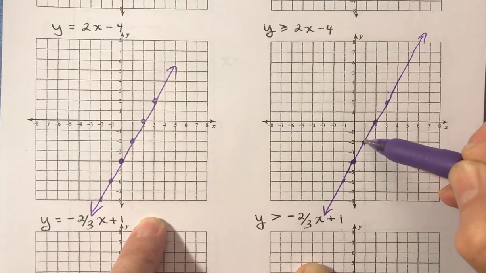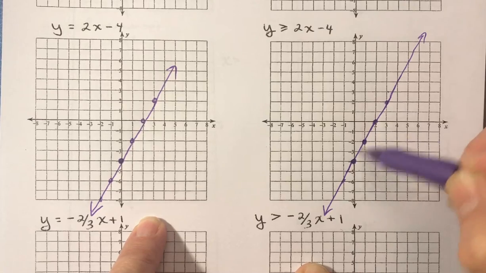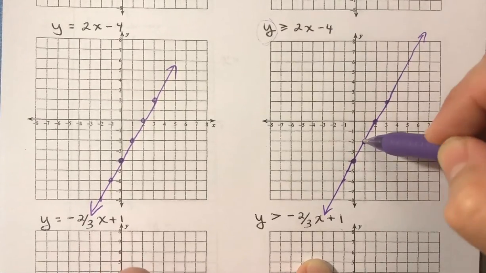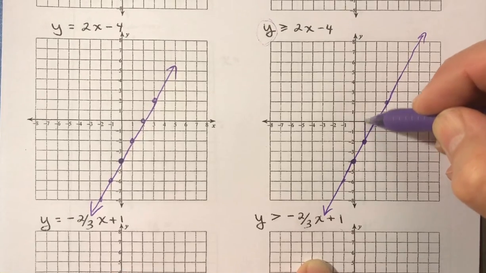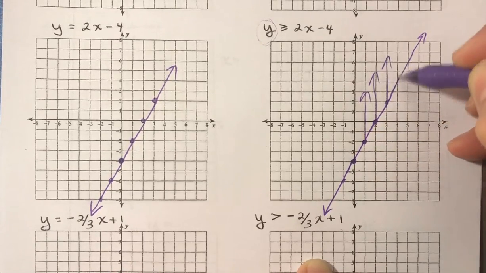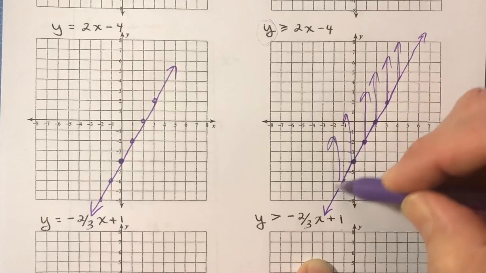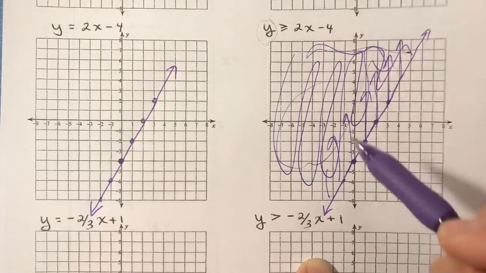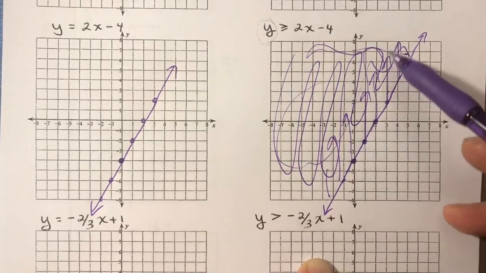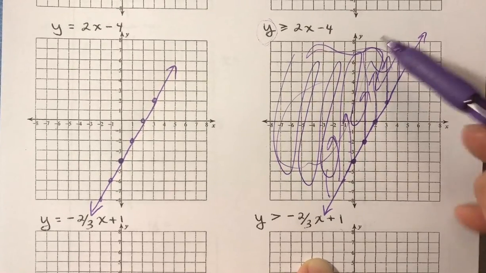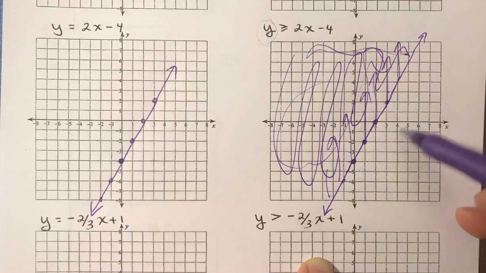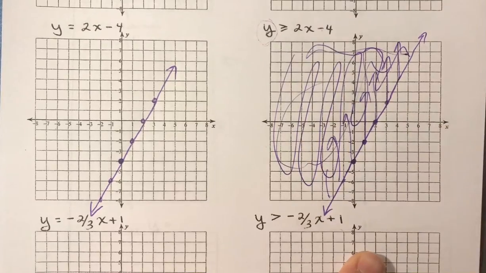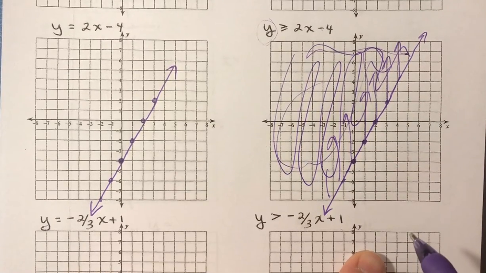If I put my pen or pencil at any one of these points, I want where y is greater than 2x minus 4. So that would be everything shaded above that line. And once again, I get all of these points in this half plane. Now, you could check any point over here, and you'll see that it will not make this statement true.